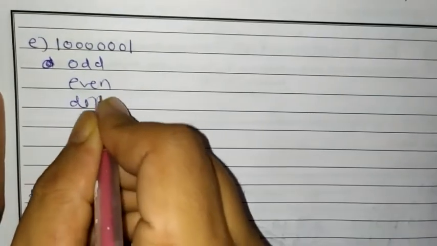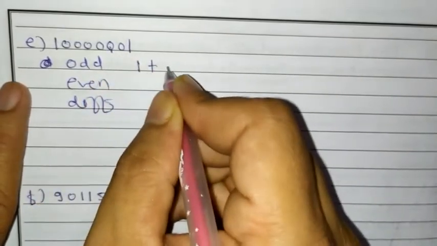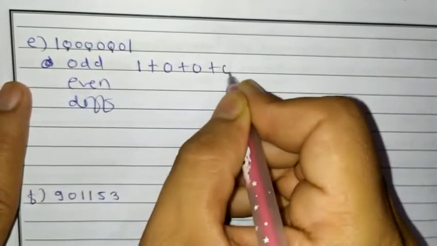So here question number E. Here again odd places, even and difference. So in the odd places, 1 plus, here 0 is there, here also 0 and this 0. So here it is 1.